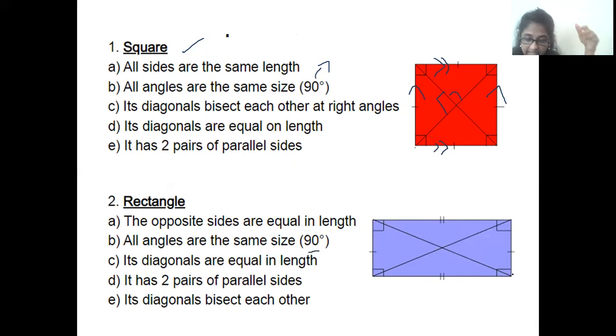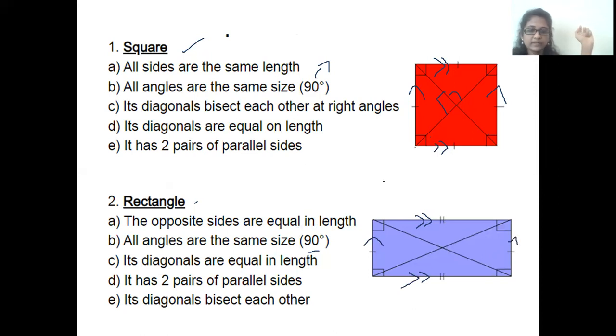And in this rectangle also, we can draw a diagonal line from these two corners. And here also, we can draw a diagonal line, and they bisect each other here. Okay, so these are the properties that we can find from a rectangle. And also there's one more: these two lines are parallel to each other in a rectangle, and these two lines are parallel to each other.